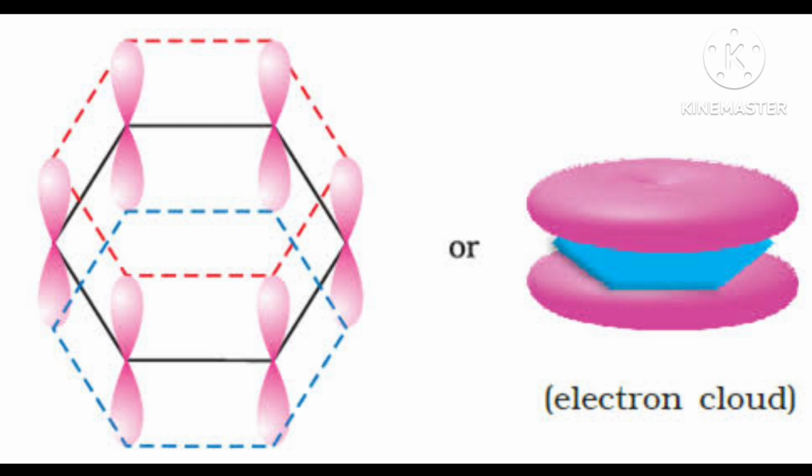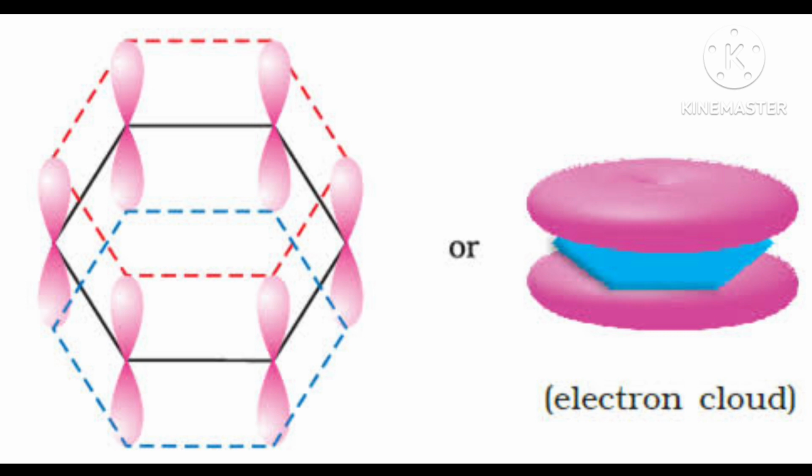That's why the circle sign is given. The orbital overlapping gives us a better picture about the structure of benzene.